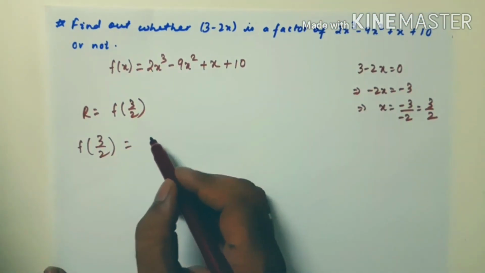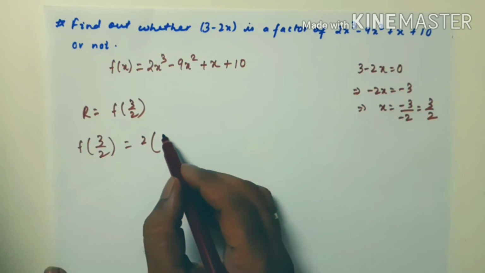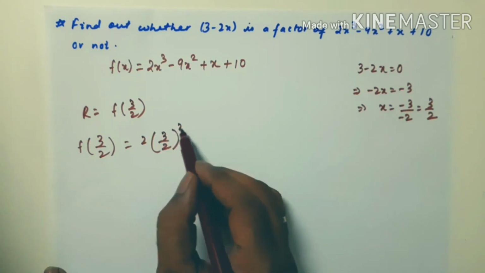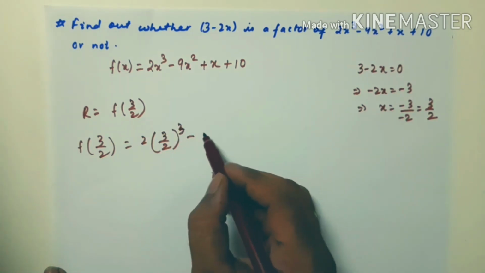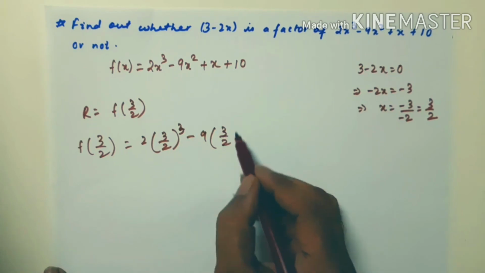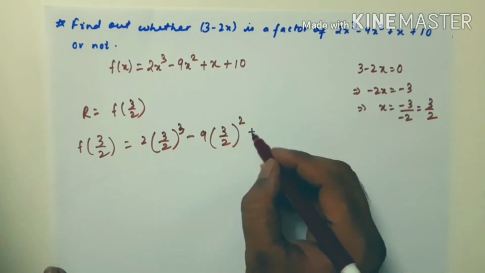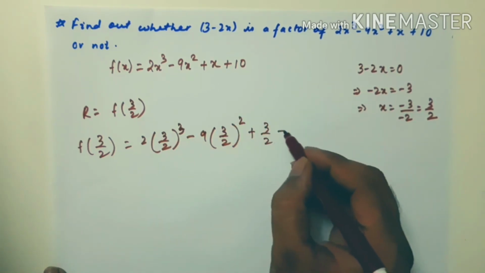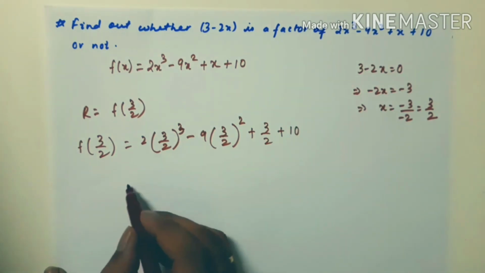So what we get here? 2 into x cubed: 3 by 2 whole cubed, minus 9 into 3 by 2 whole squared, plus 3 by 2 plus 10. Now let's check it.